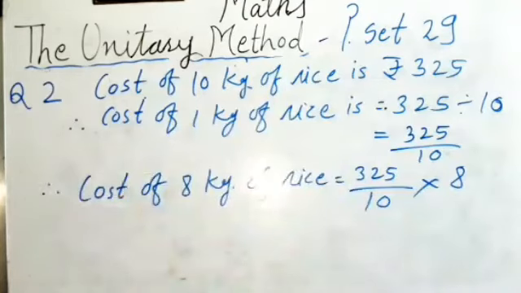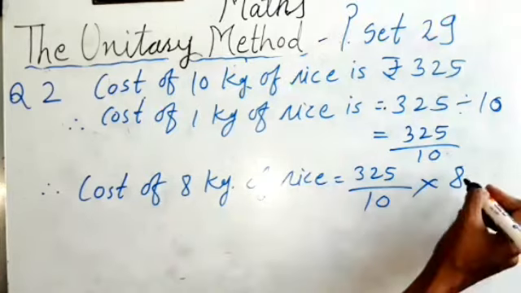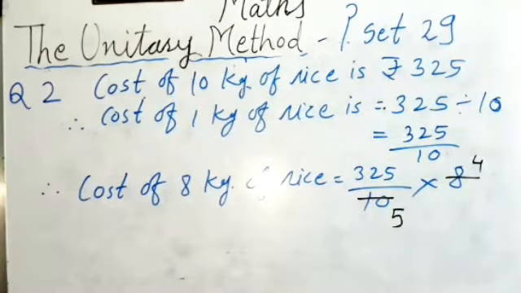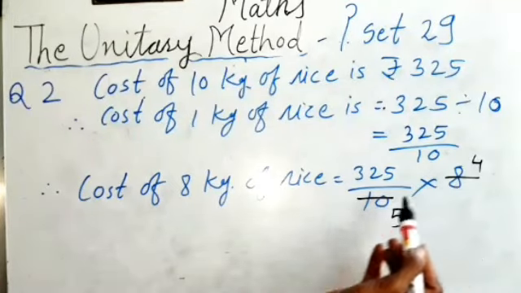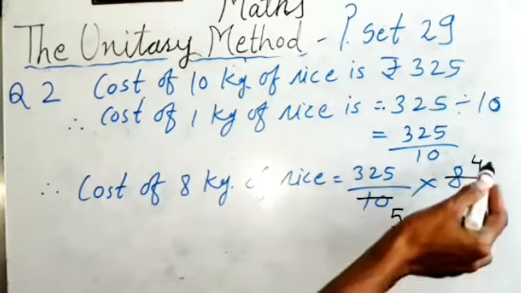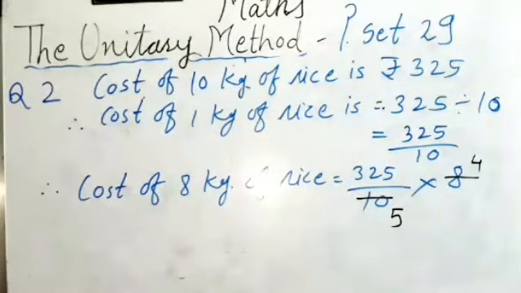Here I will make it in simple form. I have to divide this 8 and 10; they are in the table of 2. 2 4s are 8, 2 5s are 10. So I divided 8 and 10 by 2.